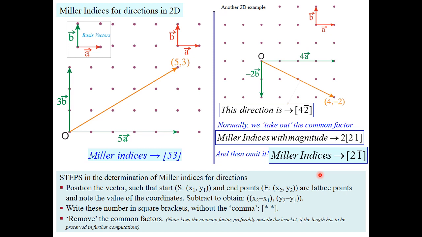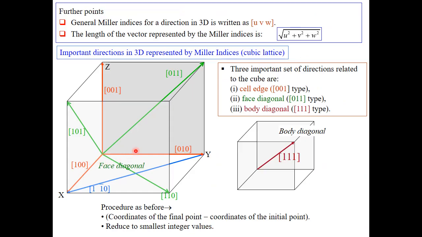Now these are the examples when it comes to 3D, 3 dimension. The general Miller indices for a direction in 3D is written as u v w in square bracket.